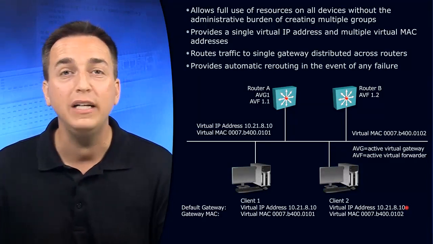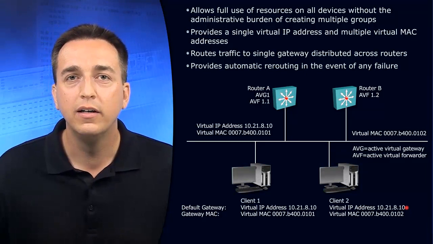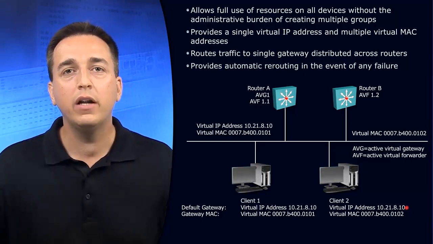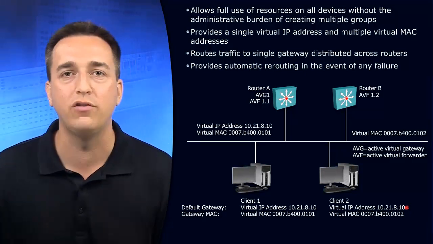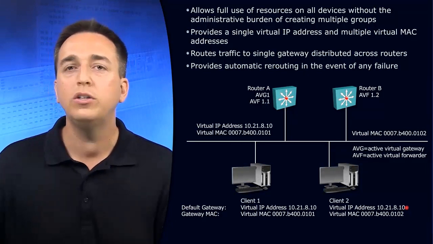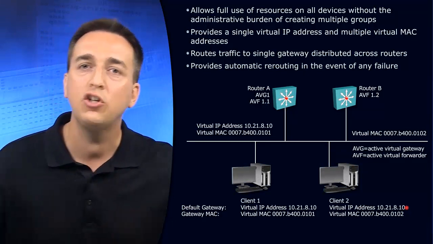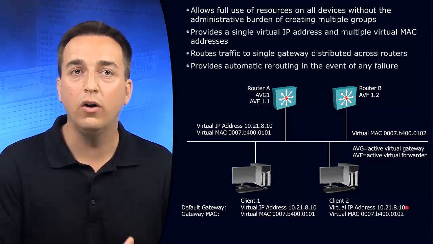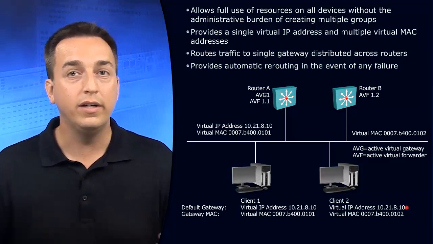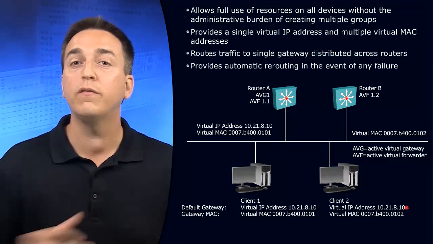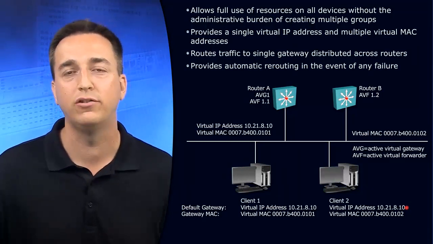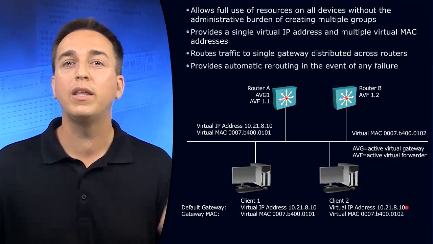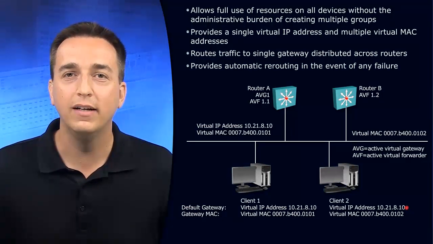And if for some reason we have a failure, then based on simply changing the MAC address that is associated with a certain device and giving it to another device, we have automatic failover. And therefore, the client's traffic simply goes to a different default gateway because that MAC address is now associated with a different default gateway.